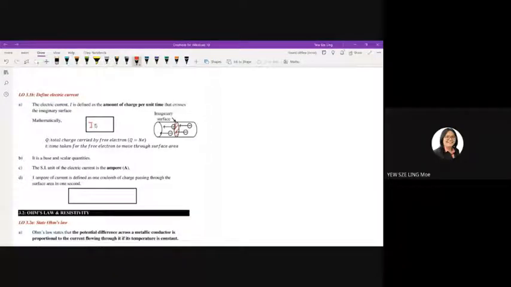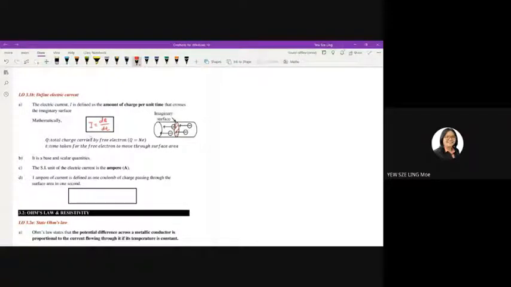Because we're looking at the amount of charge that passes through this surface area over a given amount of time, I is equal to dQ over dt. Q represents the charge carried by the free electrons, and t is the time taken for it to move through this imaginary surface. So we look at how much charge passes through this surface area in a given time. That would be our current.